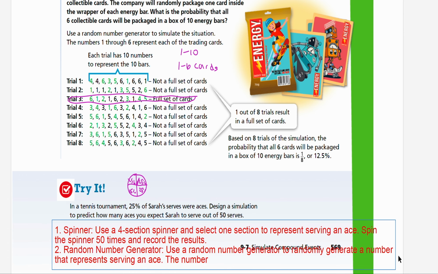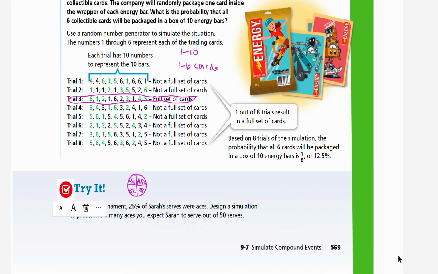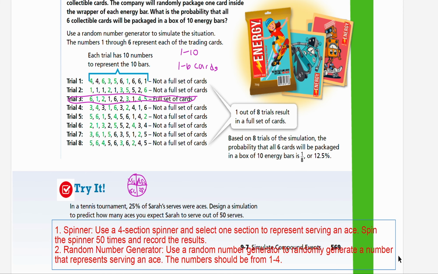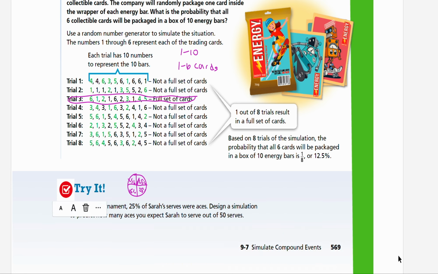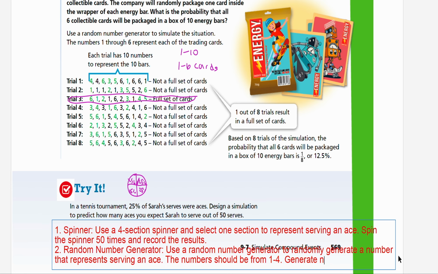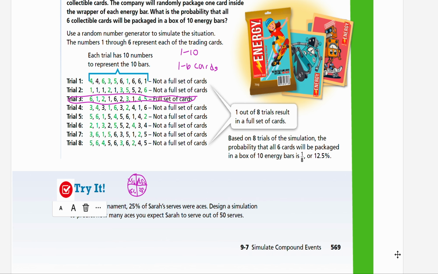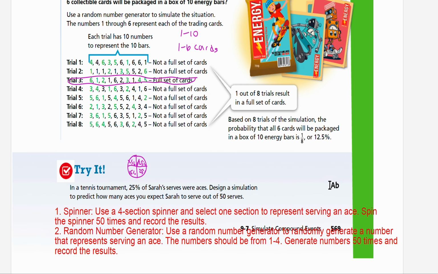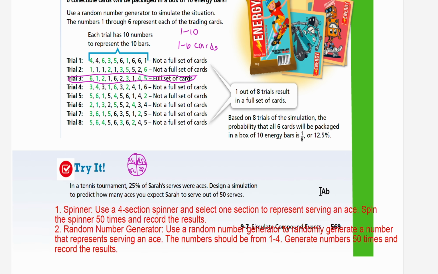The numbers should be from 1 to 4. Generate numbers 50 times and record the results, right? So those would be 2 different ways.